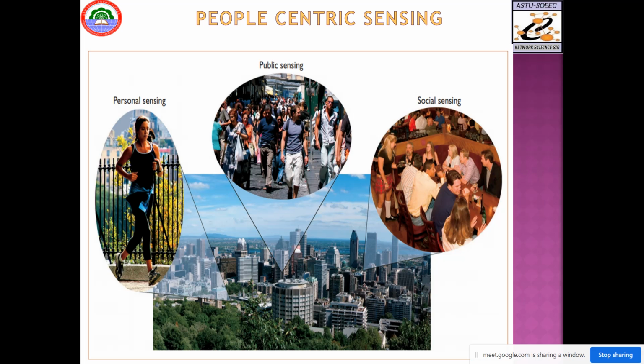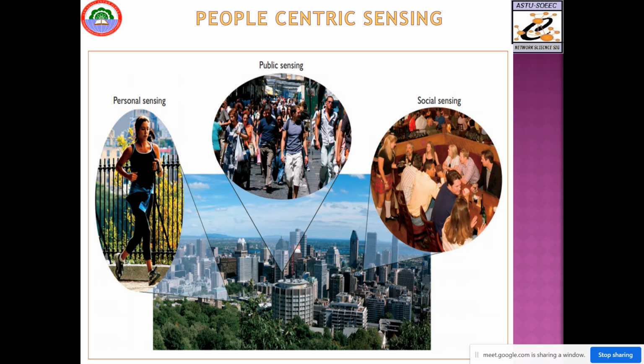Instead of using some animal or some other living things, the human is acting as a sensor. This people centric sensing is generally used for the benefit of common citizens.